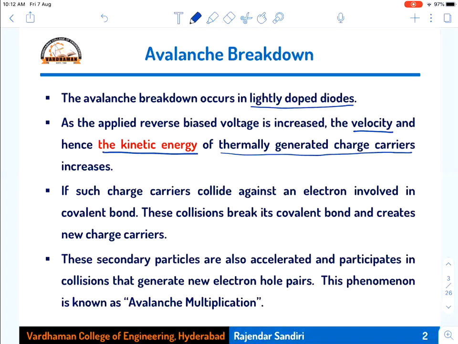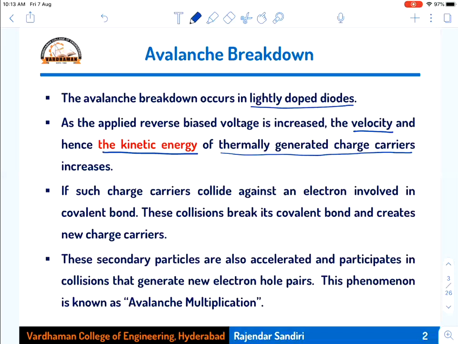In the reverse bias condition of a diode, the current is due to thermally generated charge carriers, the minority charge carriers, which are less in number. Because of that, the current is of the order of picoamperes, nanoamperes, or microamperes.